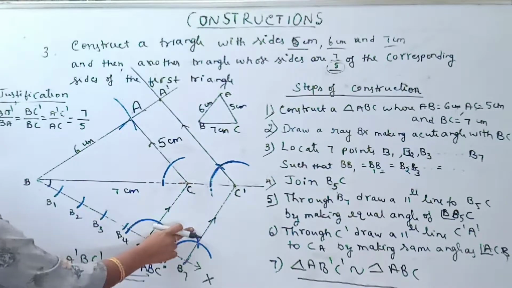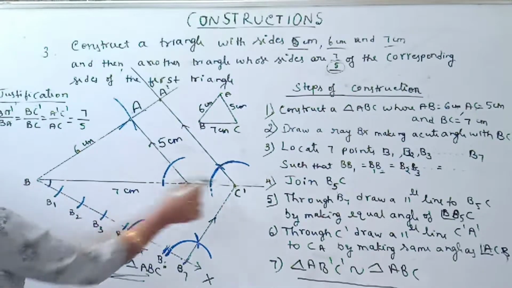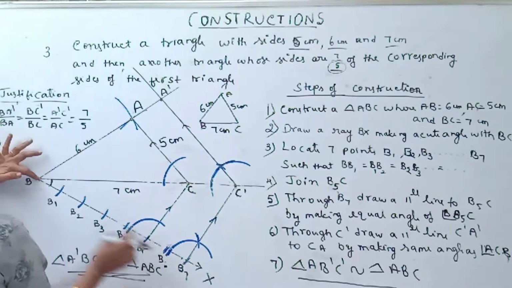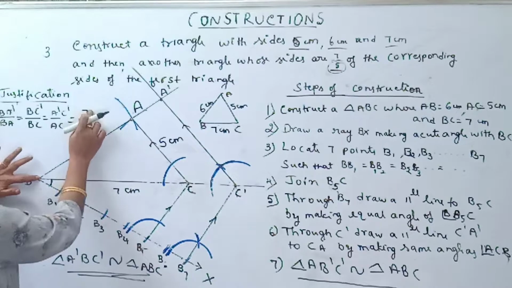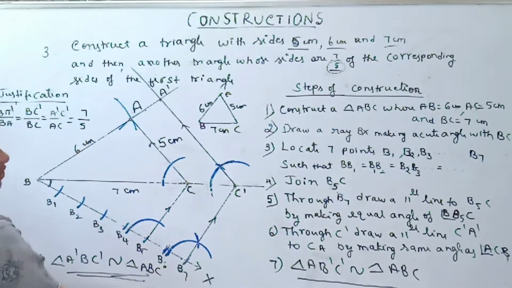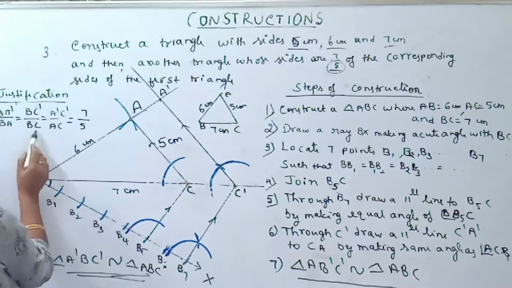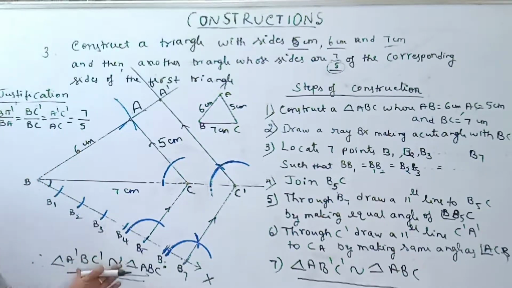If they are similar, then their corresponding sides are proportion. BC dash by BC equal to BB5 divided by BB7. So BB7 is 7, BB5 is 5. From equation 1 and 2 you can write BA dash by BA equal to BC dash by BC equal to A dash C dash by AC equal to 7 by 5.